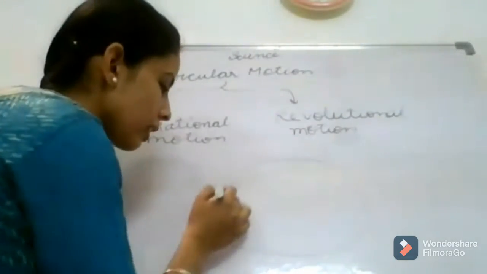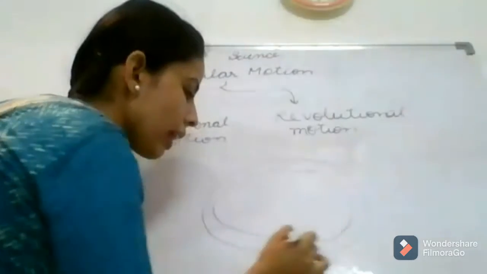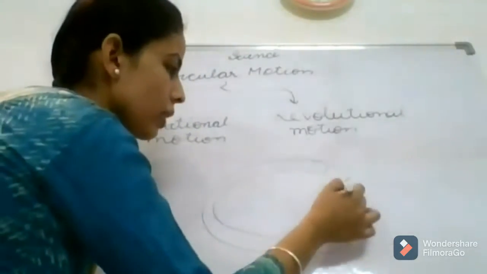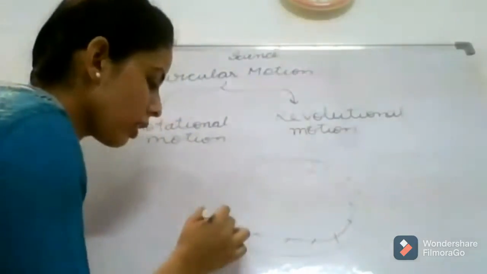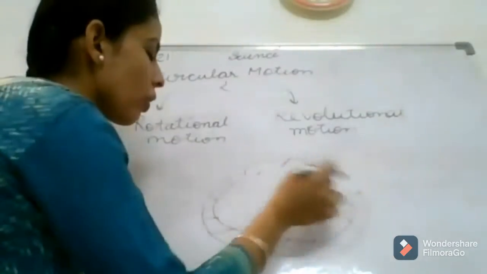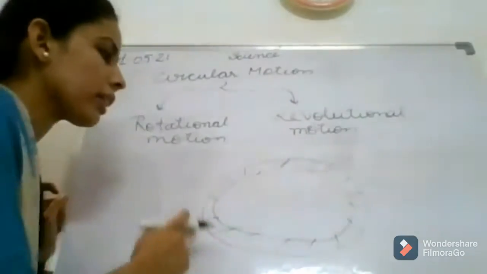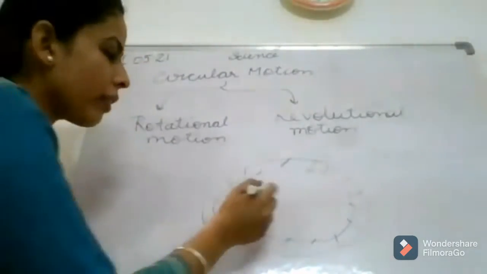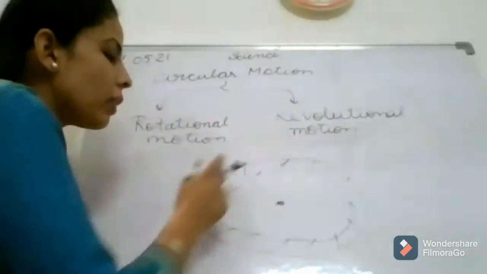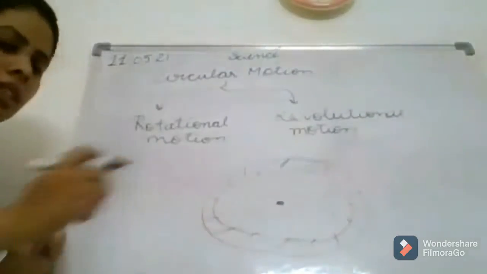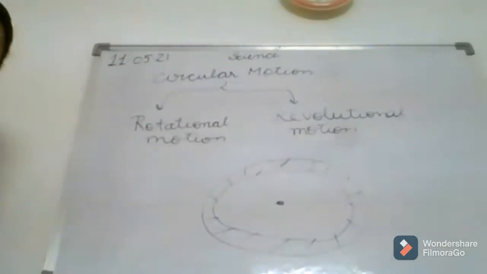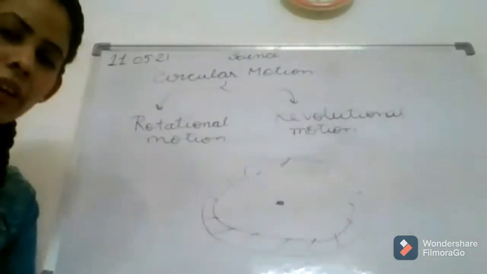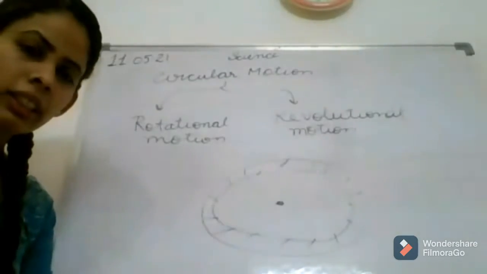These are the rails of that toy train, and the train is moving over this circular path and takes a revolution. If there is any point, it will take a revolution around this point. So it is also an example of revolution. Clear?